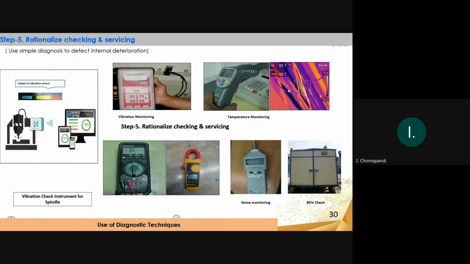Go next. Yeah. So this is where predictive maintenance comes in. So far, we have done the basic maintenance and progressed beyond breakdown maintenance.